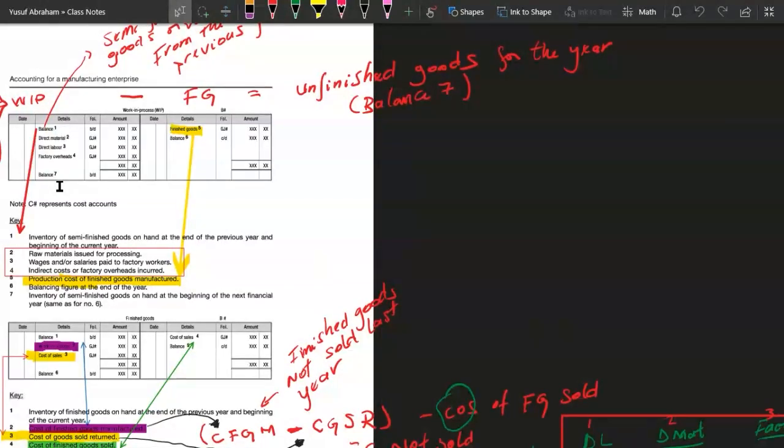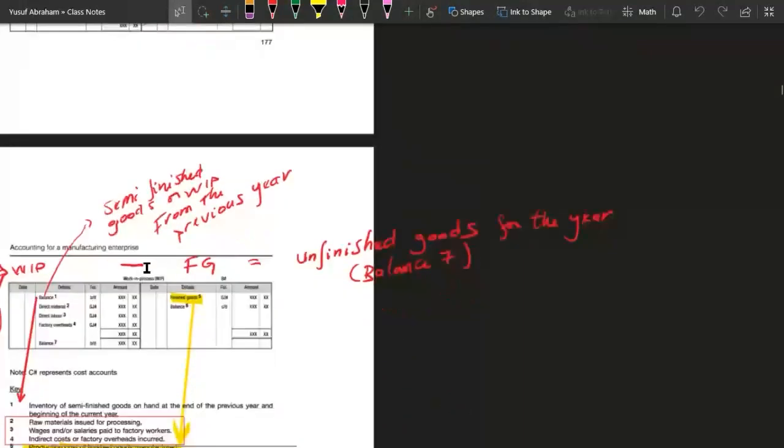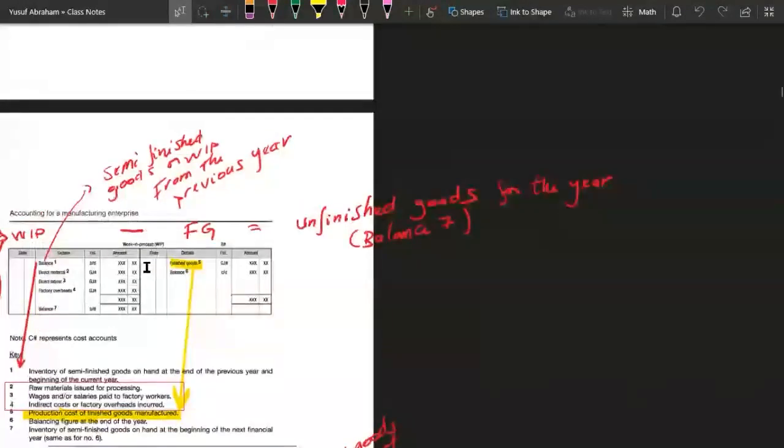So whatever we are not going to finish, whatever semi-finished good, it means that we didn't complete, we didn't totally finish manufacturing the good. That we need to leave out. Okay, another clear example. We were trying to manufacture 10 shoes, right? But we were only able to manufacture 8.